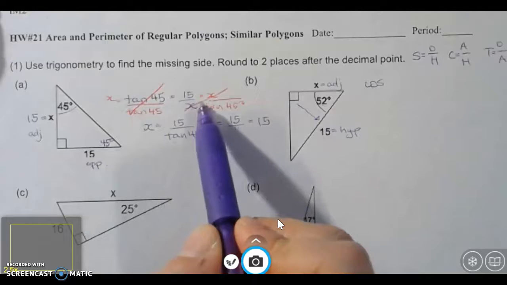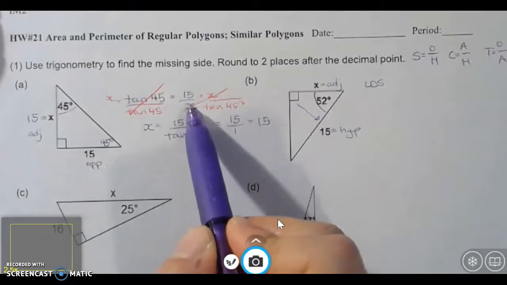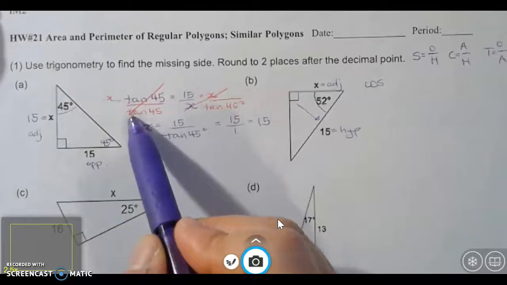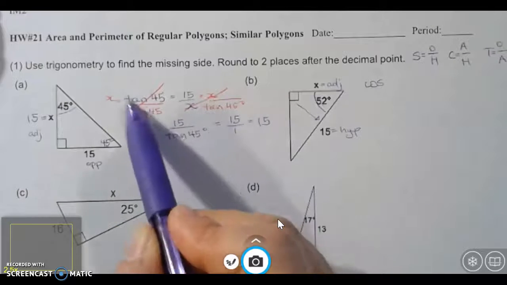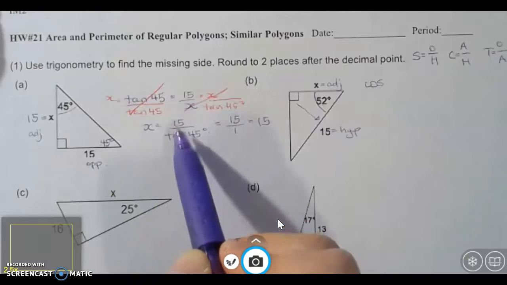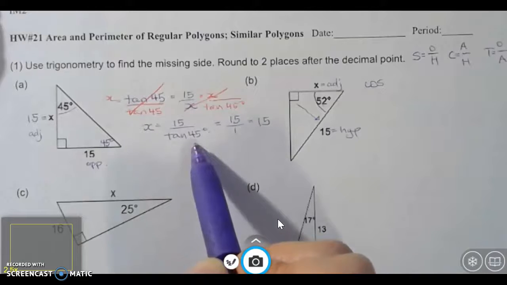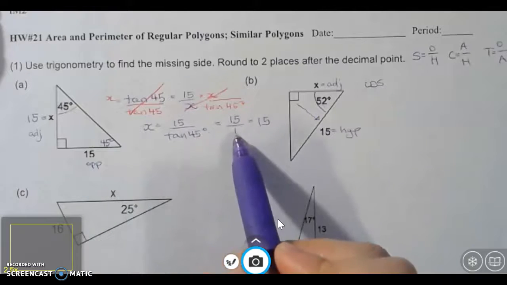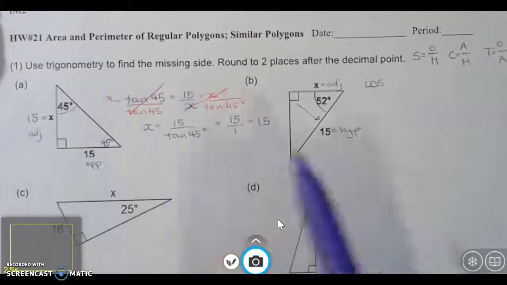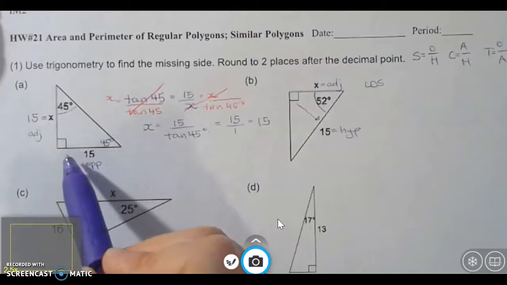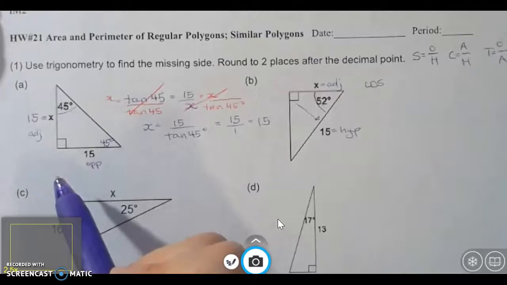Multiplying both sides by x to bring the variable x to the top, and then dividing both sides by tangent of 45 to get rid of it on that side, brings me to x is equal to 15 divided by tangent of 45. Tangent of 45 is just 1, so that is 15. You get the same answer. So if you remember the 45, 45, 90-degree triangle ratio, that would have been much quicker.